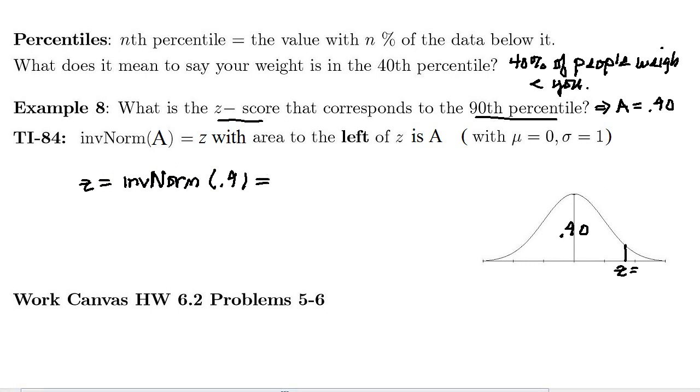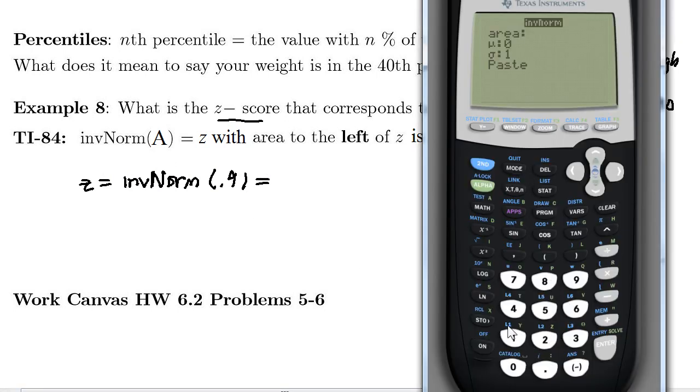Let's key that in the calculator. So second variables, inverse norm is number 3. We're going to put in our 0.9, enter. Mean and standard deviation stay the same, so we're just going to paste. And error domain, I must have hit a key wrong here. Let's try that again.